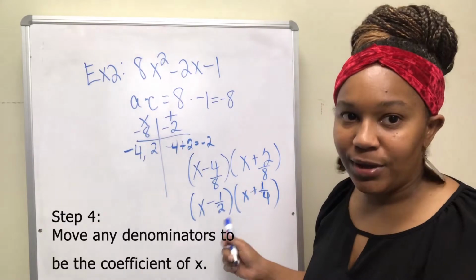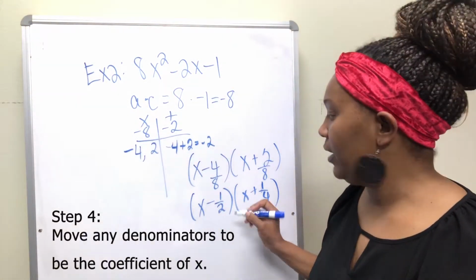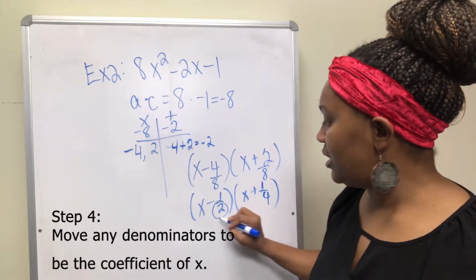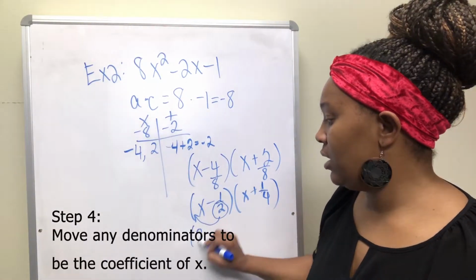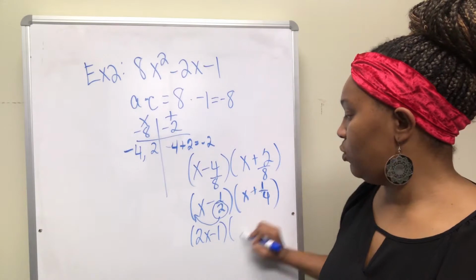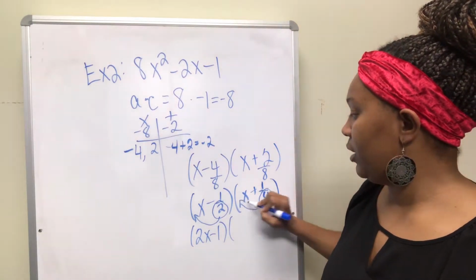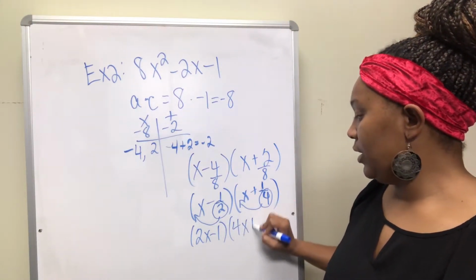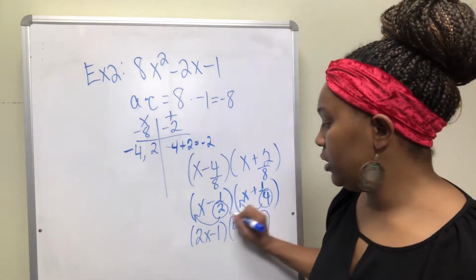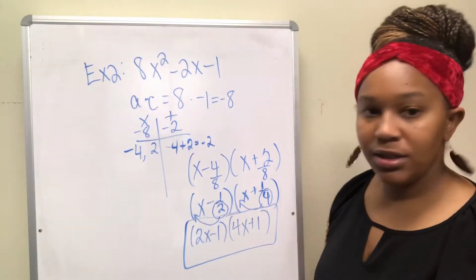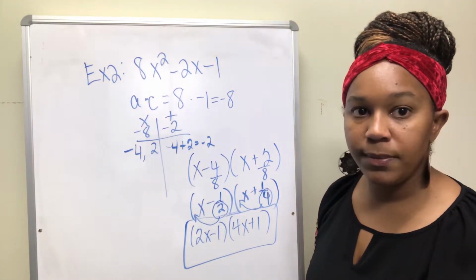But if you just want to factor, then you have to take each of these denominators and slide it to be the coefficient of the x. So this will be 2x minus 1. Take that denominator, slide it to the front, and this would be 4x plus 1. So your final answer would be 2x minus 1 times 4x plus 1.